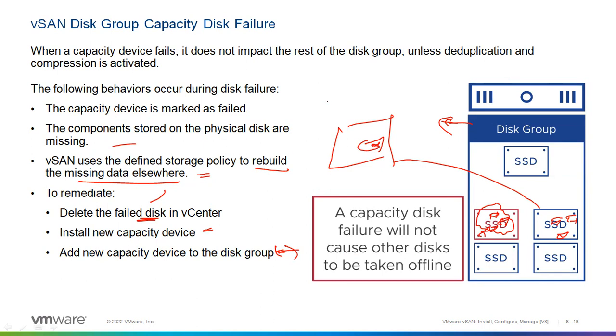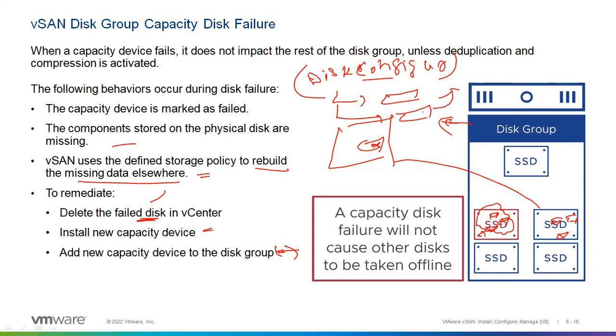So it's pretty straightforward. I'll go to my vSAN cluster disk configuration. Earlier, you remember from where we configured the disk group, correct? Disk configuration. From that, I'll see the missing disk. I'll delete that disk, introduce the new disk, and add that disk into the disk group.